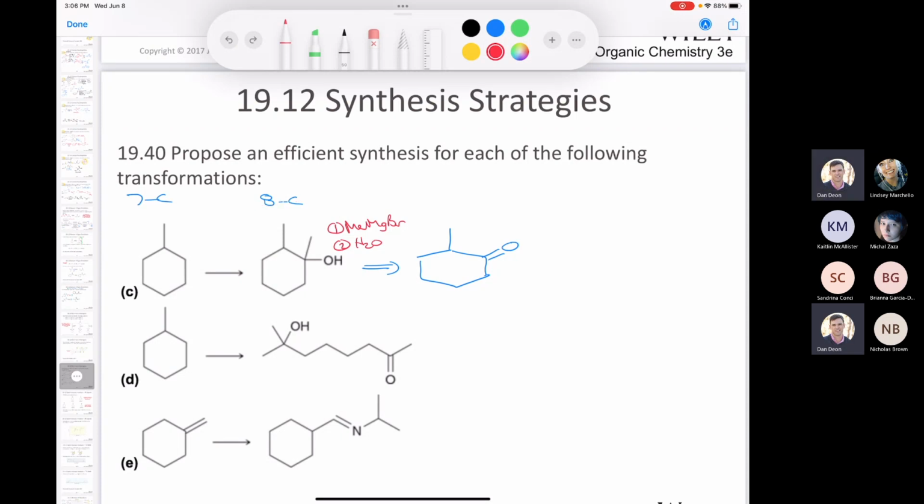Well, something else I remember is that if I'm starting out with an alkane, the only possible reaction that I can do is a bromination, a free radical bromination, and I can install a bromine at this position. If I can install a bromine at that position, I can do an elimination to form this alkene. If I can form that alkene, I can do an anti-Markovnikov addition to produce this alcohol.